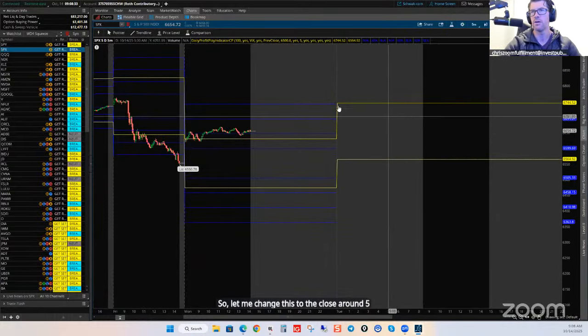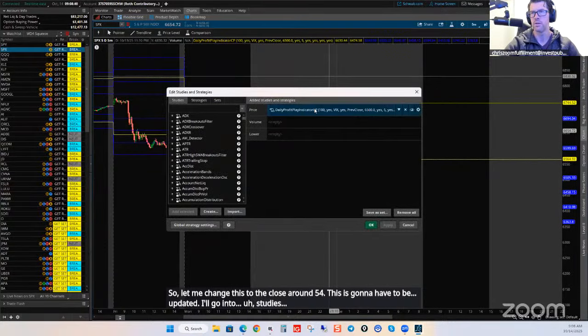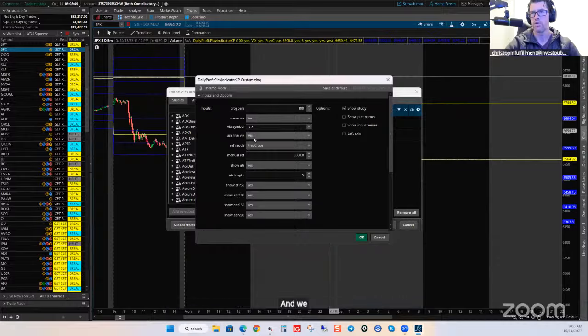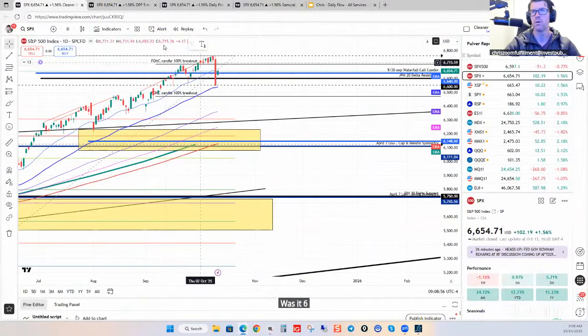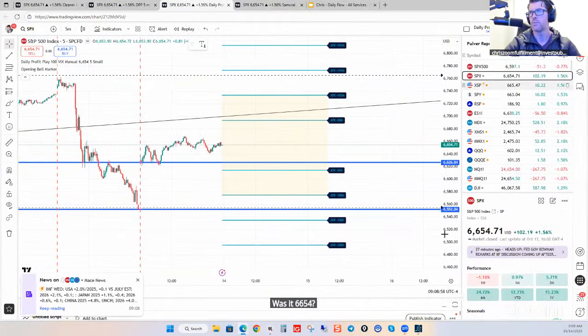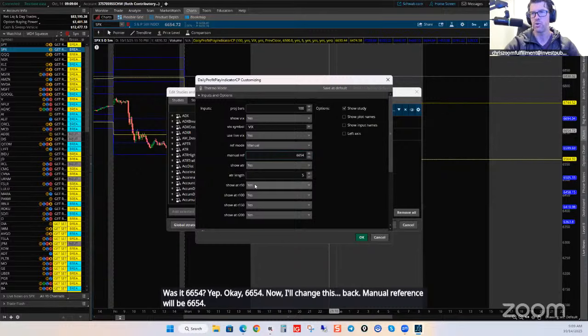This is going to have to be updated. I'll go into studies, edit studies. And we want to change this to a manual and 6650. Was it 6654? Yep. Okay, 6654. Now I'll change this back. Manual reference will be 6654. ATR length 5, show the ATRs, yes.